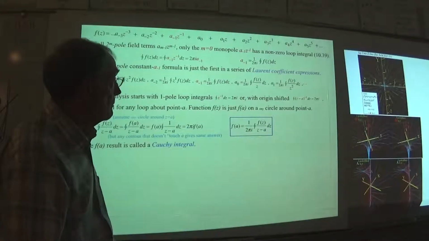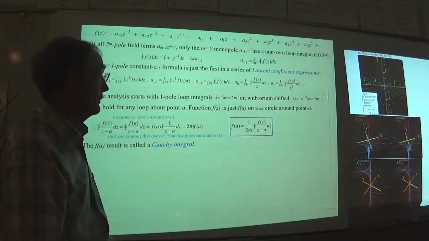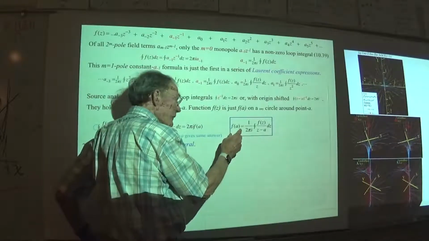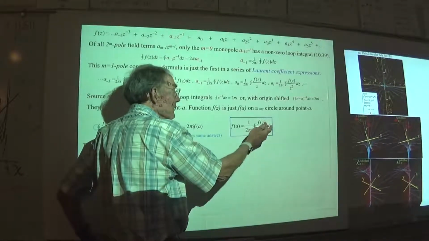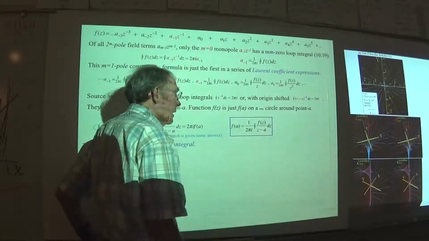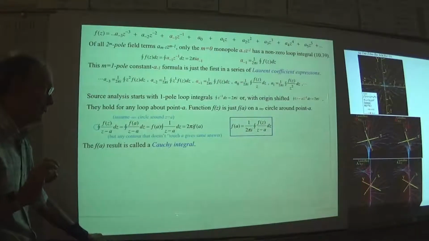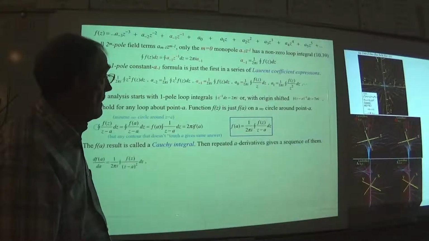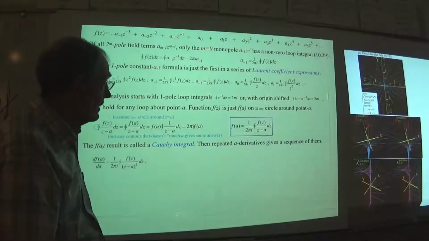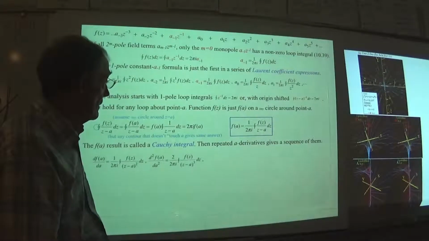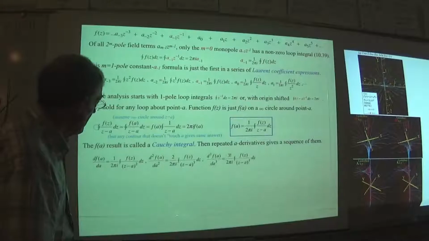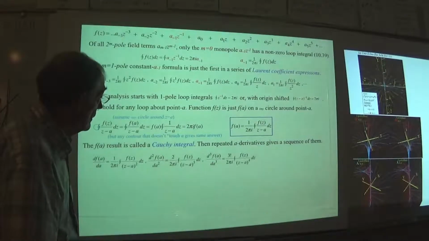So that's an important thing, and that is a very famous piece of calculus: getting a function at the value A from an integral of the function multiplied by a monopole that has its singularity at an arbitrary point now, not just the origin. Okay, so that can be repeated. Now what happens for positive powers, that is for positive derivatives?